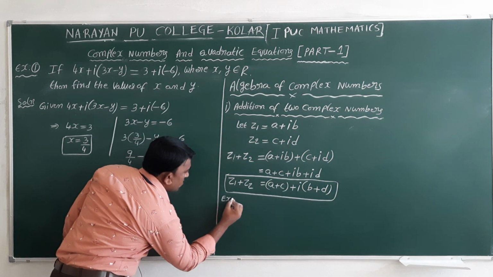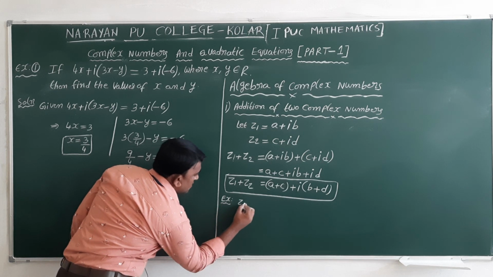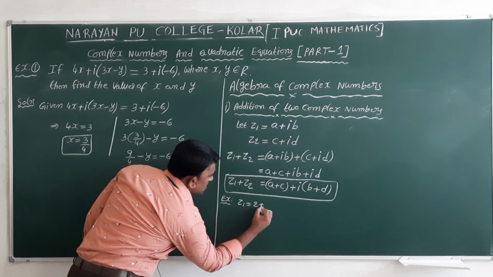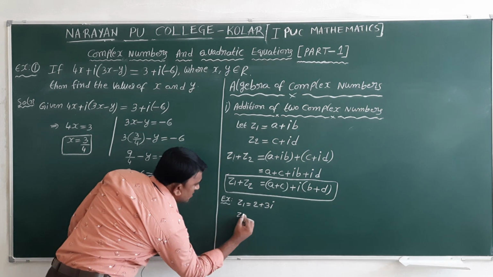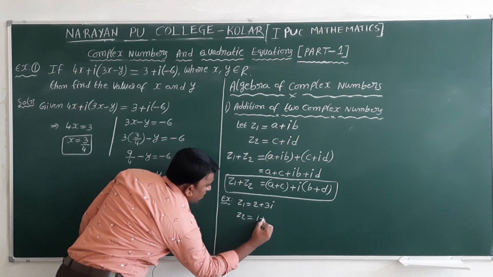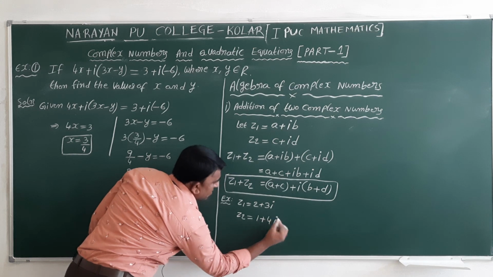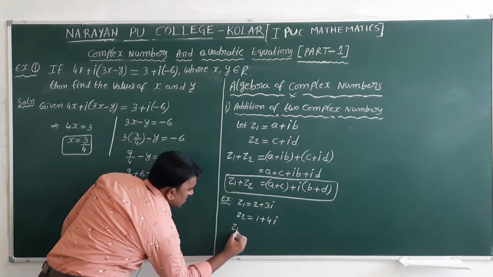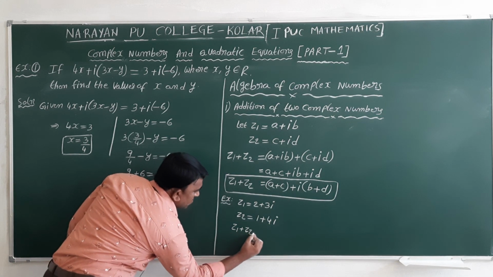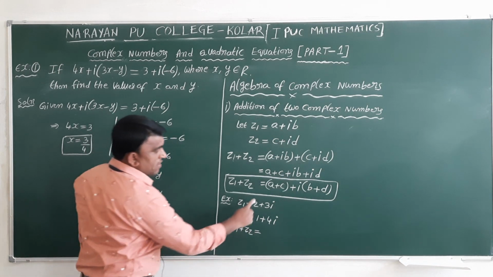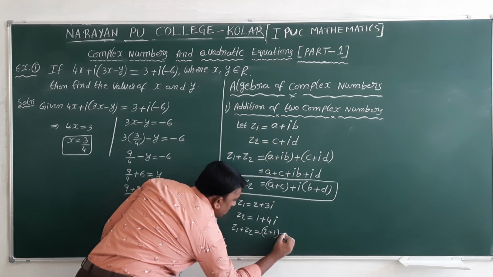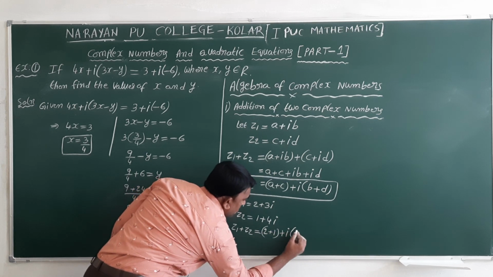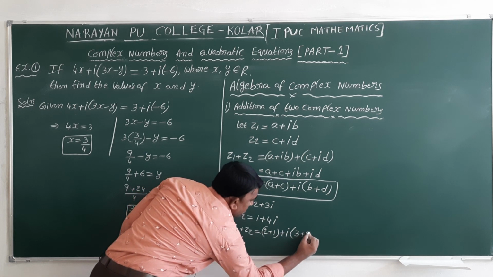For example, Z1 = 2 + 3i, Z2 = 1 + 4i. So the addition of two complex numbers Z1 + Z2: real parts 2 + 1, plus i into (3 + 4).